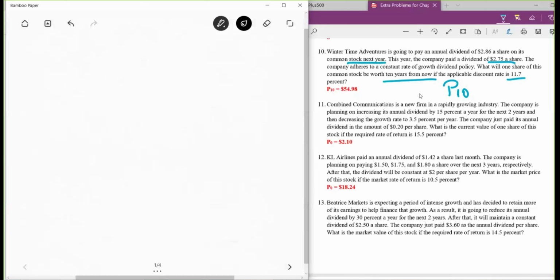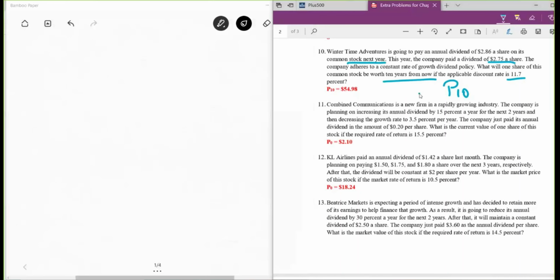Okay, now for number 11. So this is the first application on the multi-stage growth model. So here, the company is planning on increasing its annual dividend by 15% a year for the next 2 years, and then decreasing the growth rate to 3.5% per year.